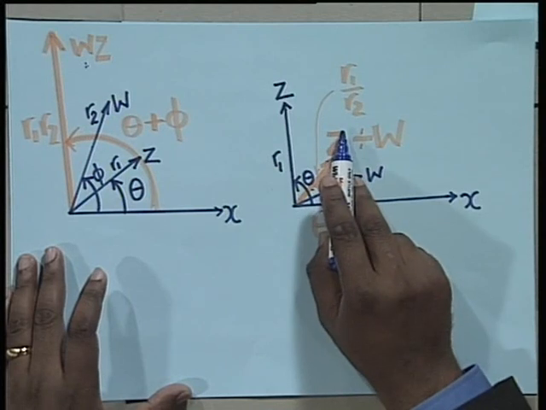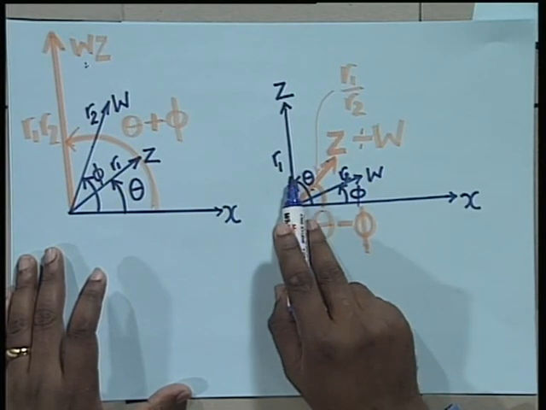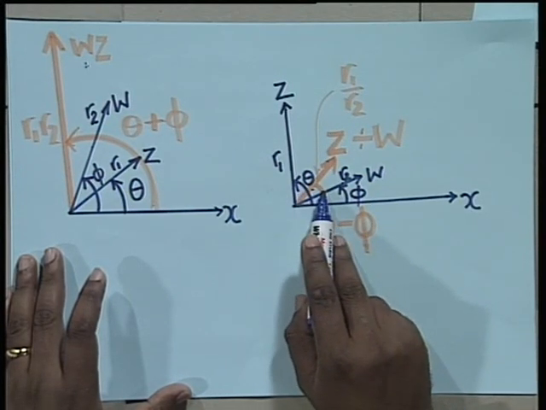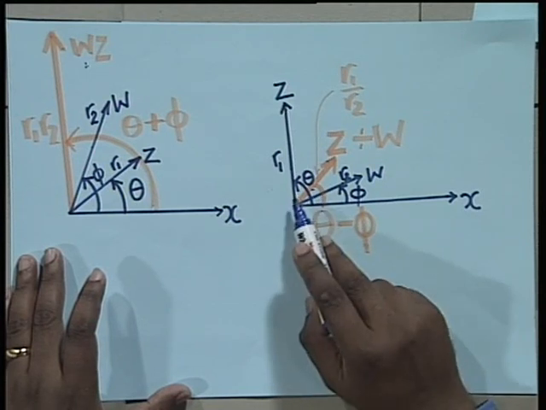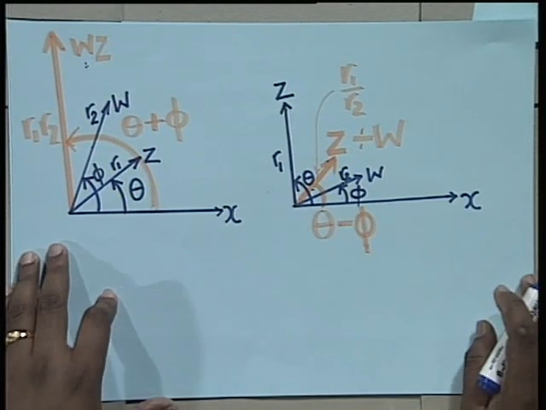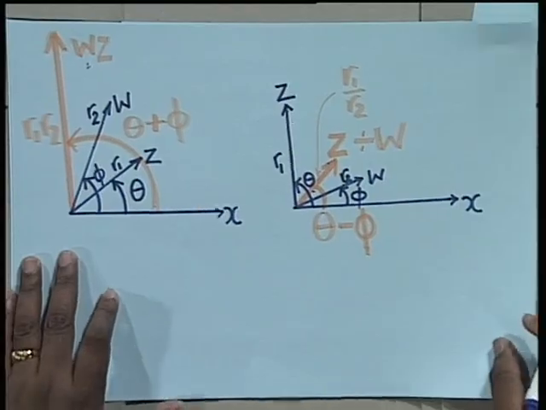So division is equivalent to a rotation through minus phi and an enlargement with scale factor 1 over R2. Now, if Z is a variable and OZ is the line joining the origin to Z, we can sketch the locus of Z under certain conditions.